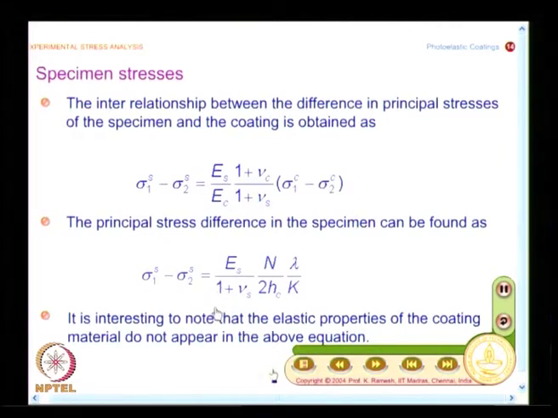And another point of interest here is, if you look at this expression, the elastic properties of the coating do not appear in the above equation. That is one general observation. And I also mentioned, one of the important issues in photoelastic coating is, what is the maximum fringe order obtainable, which question we never raised in transmission photoelasticity.